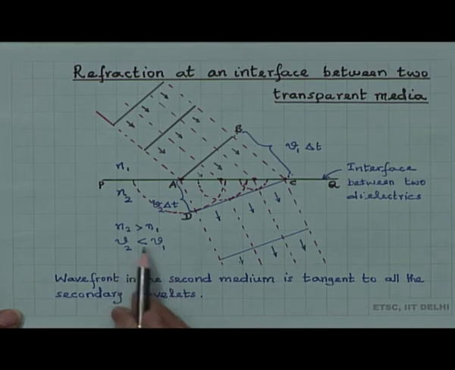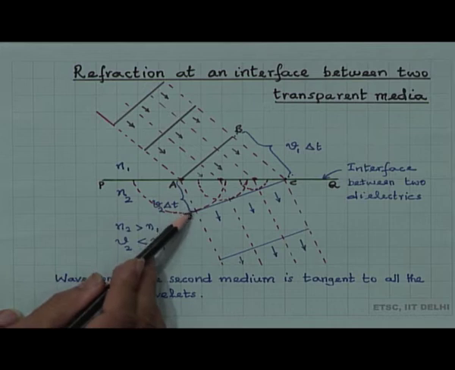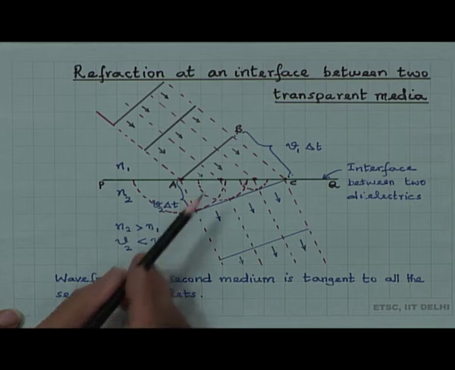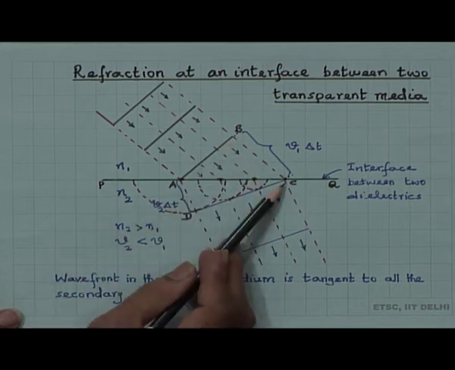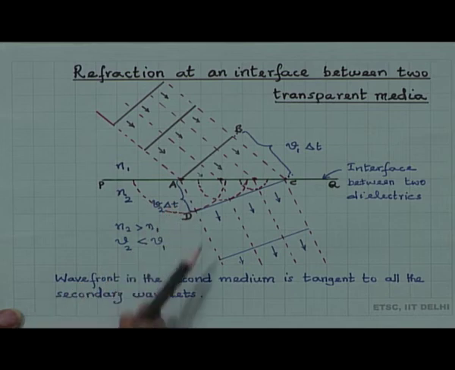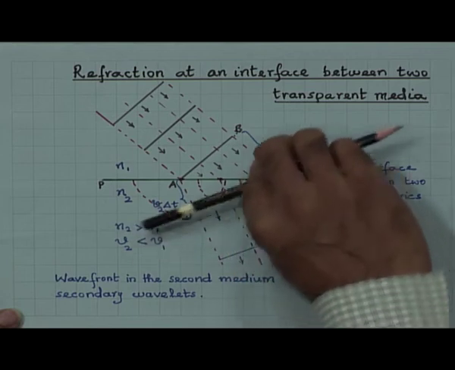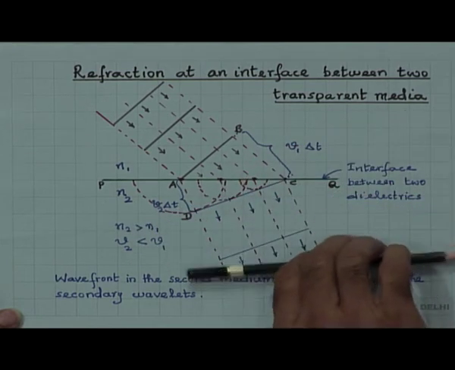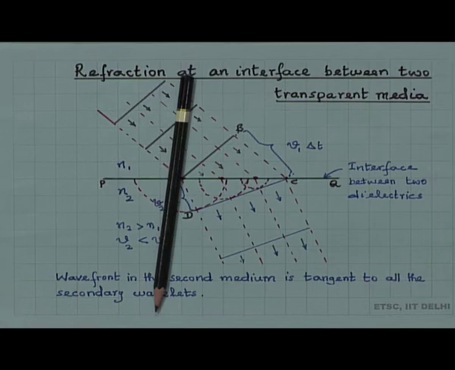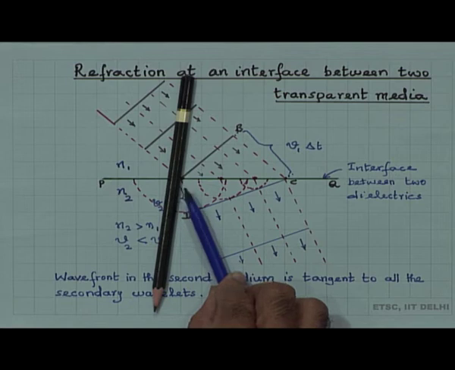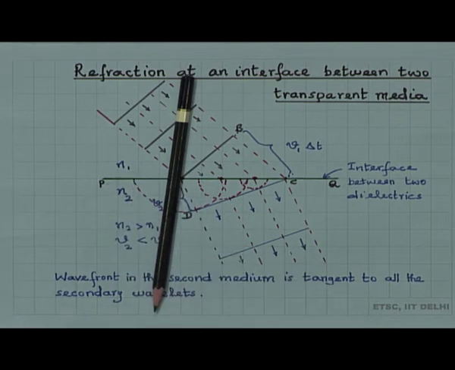If we do not assume V2 less than V1, this distance AD will not be smaller compared to BC, because AD is equal to V2 times delta t. Unless this distance is smaller, this wavefront will not bend towards the normal, and experimentally we already know that an incident ray will bend towards the normal if the second medium is of higher refractive index.